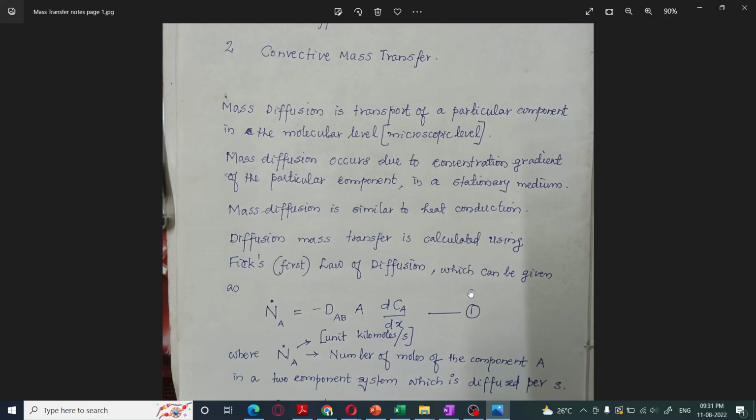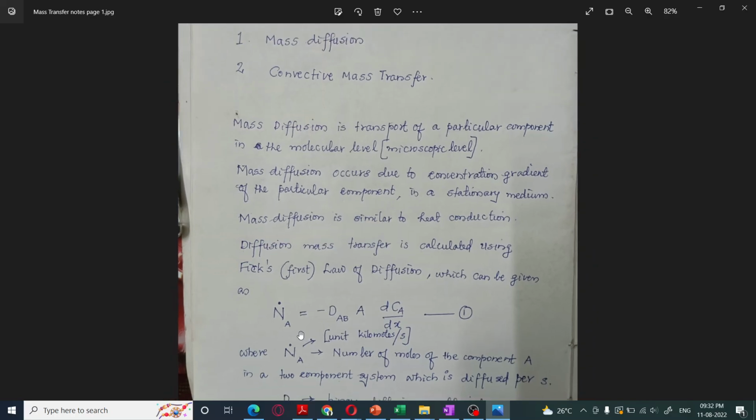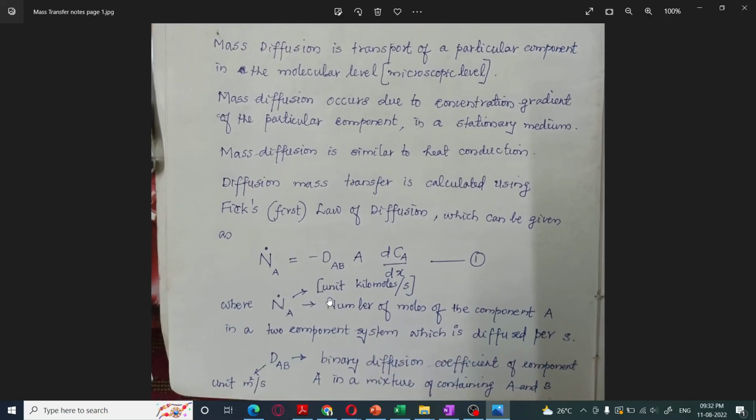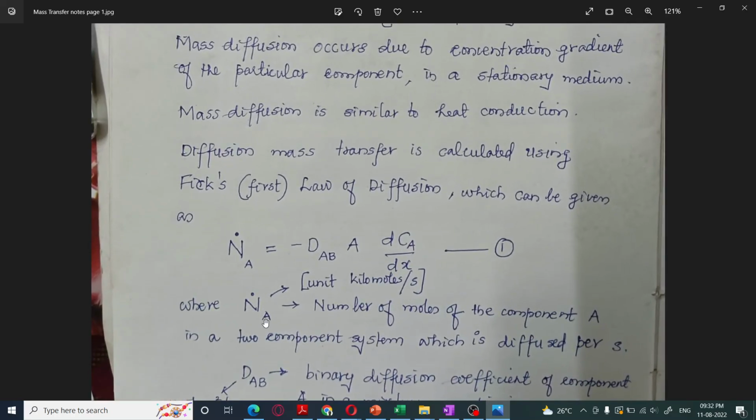This one is in particular Fick's first law of diffusion, which can be given as n dot A is equal to minus D_AB into area into d by dx of C_A, where n dot A stands for the number of moles of the particular component which is diffused per second.